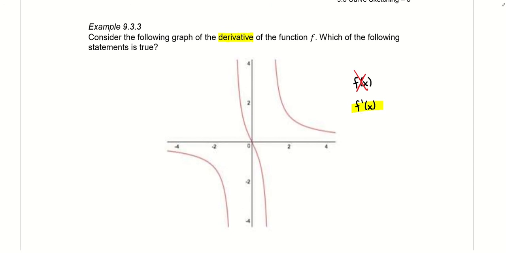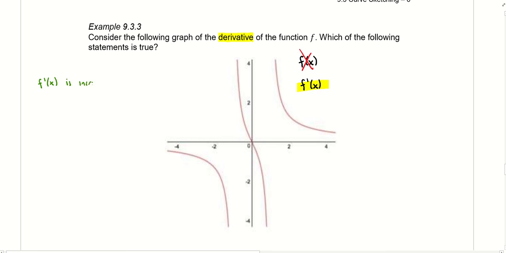Let me move this over just a little bit, put it by the graph. Let me write down what we learned about increasing and decreasing from the 8.3 notes. Our function f of x is increasing when our first derivative f prime of x is greater than 0.